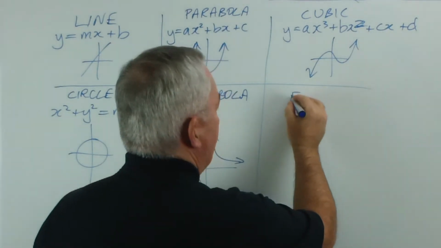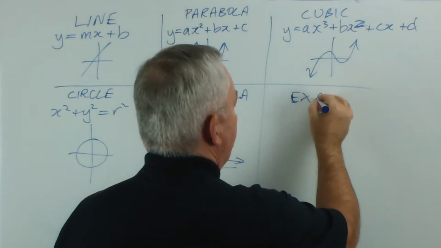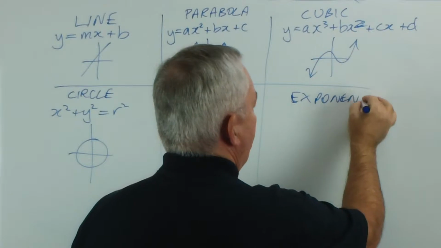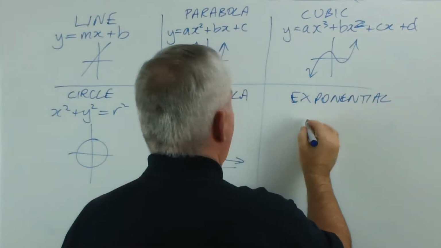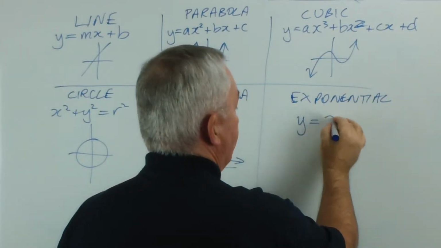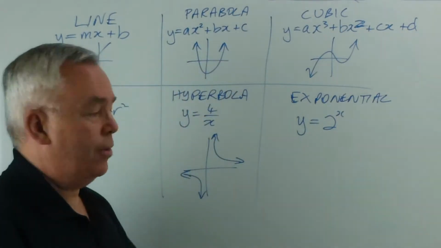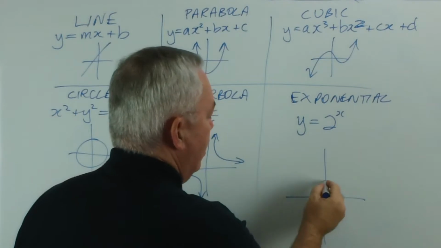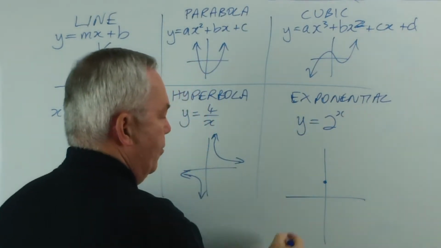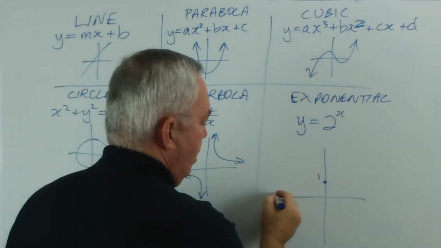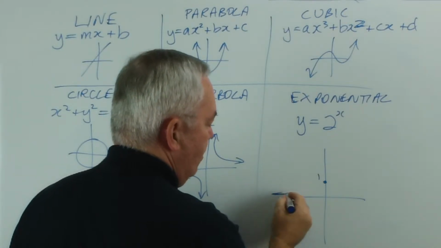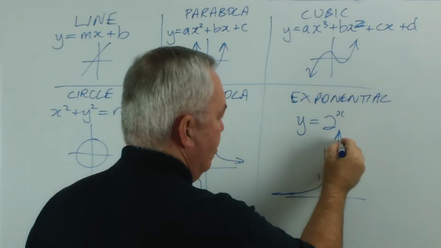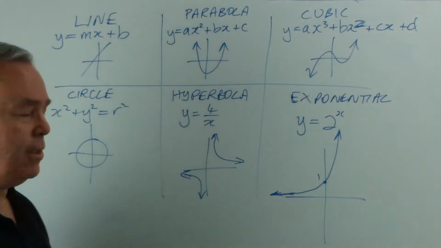And the last one they're expected to know is an exponential equation. Y equals, for example, 2 to the power x, where x is up in the exponent position. These graphs, unless they have coefficients, pass through 1, they're asymptotic to the x-axis, and they rise rapidly after they cross the y-axis.